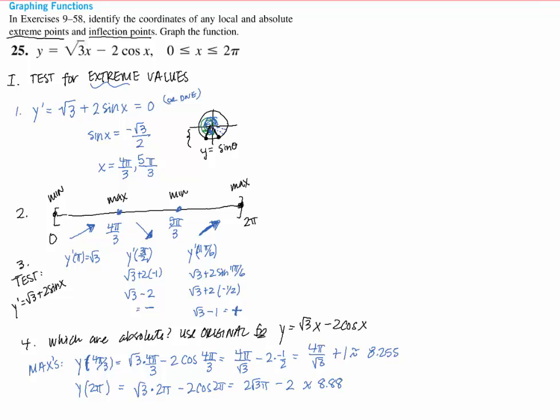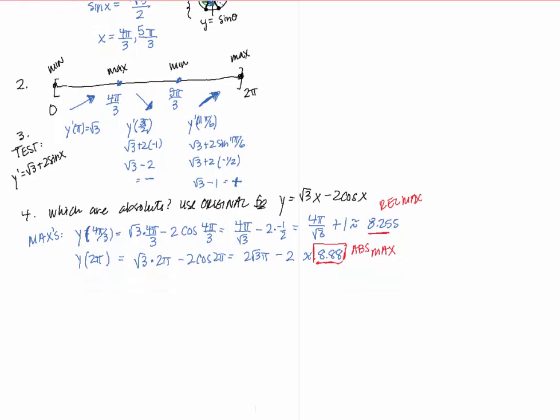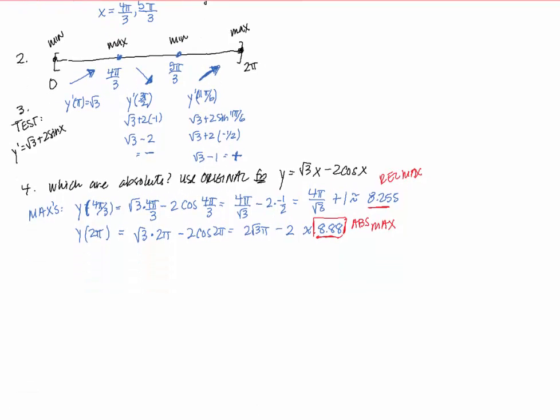Good thing I didn't try to reason through that one. 8.2 would be smaller than 8.8, so this guy's the winner. He's the absolute max. And 8.2 is simply a relative max. So let's evaluate the minimums.